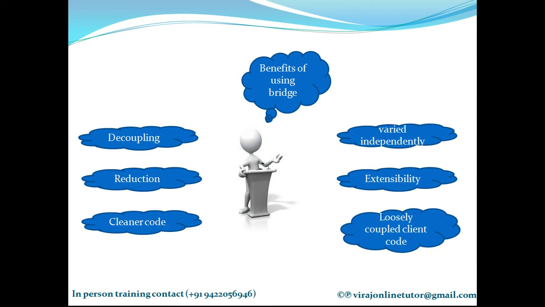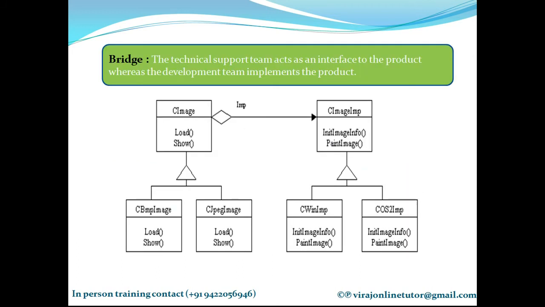Maintaining two different class hierarchies for interface and implementation entitles to vary one independent of another. So in this example, I have two different class hierarchies. One is for interfaces and the second class hierarchy is for implementation. So now that we have two different hierarchies, one for interface and another for implementation, I can vary both of them independently.